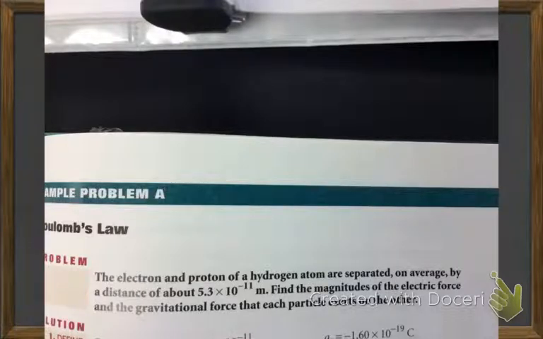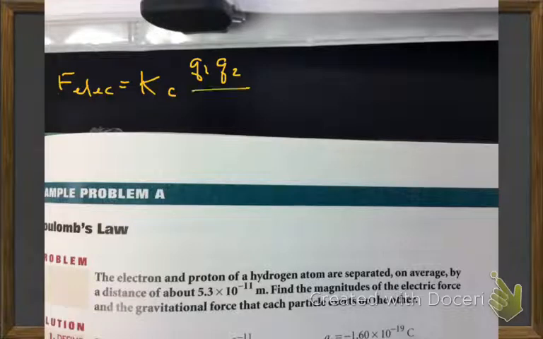So what was the equation that we looked at on the previous slide? Electric force equals Coulomb constant times charge over distance squared. So Kc, Q1, Q2 over R squared. Let me give you the value for Kc.